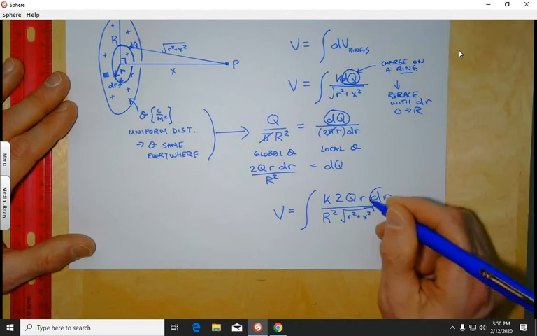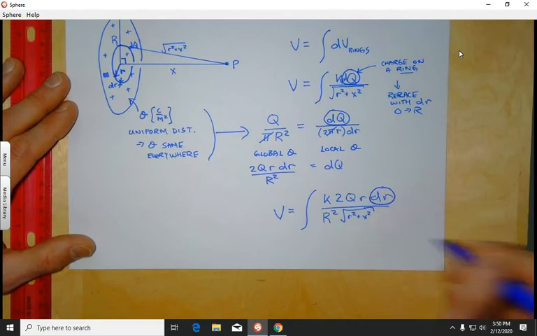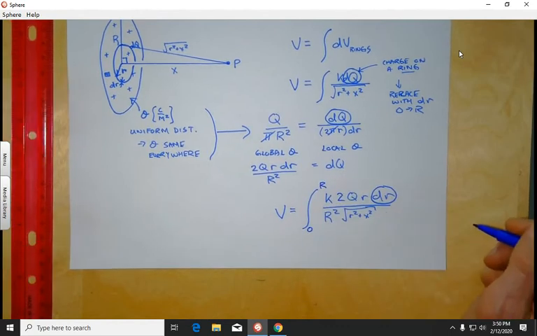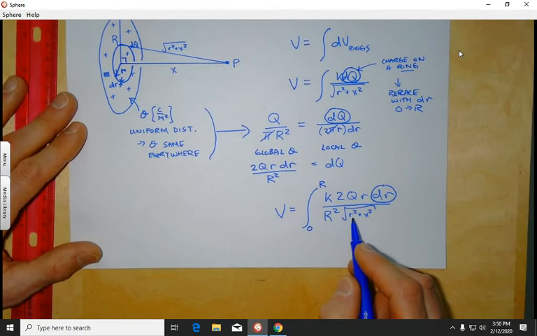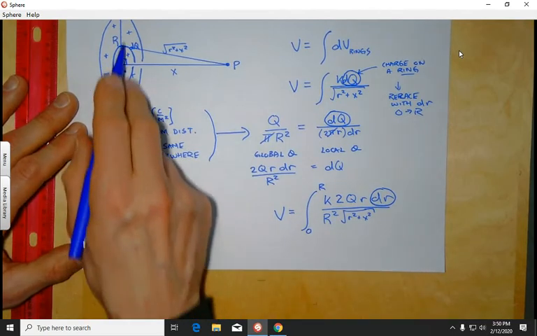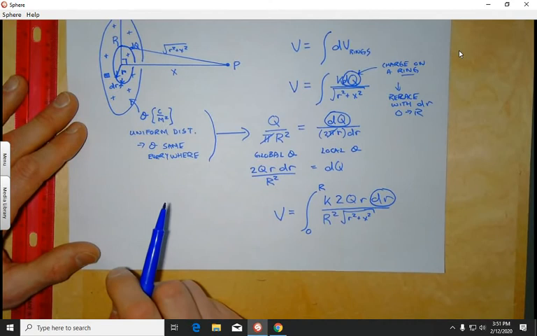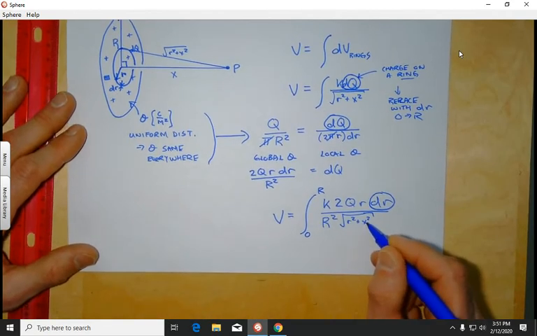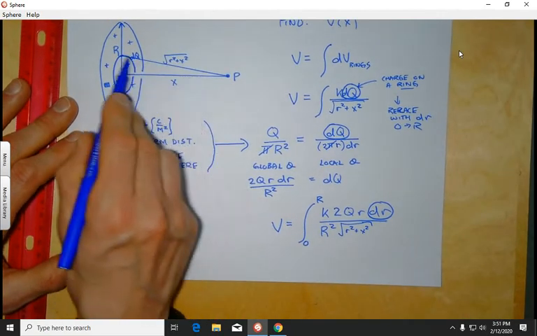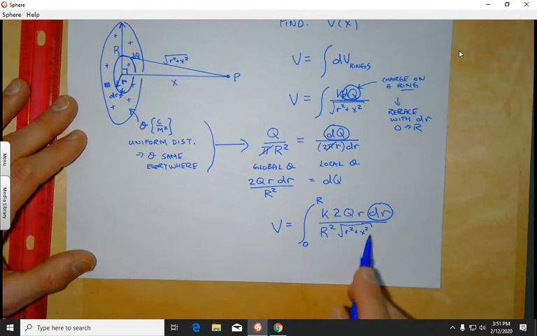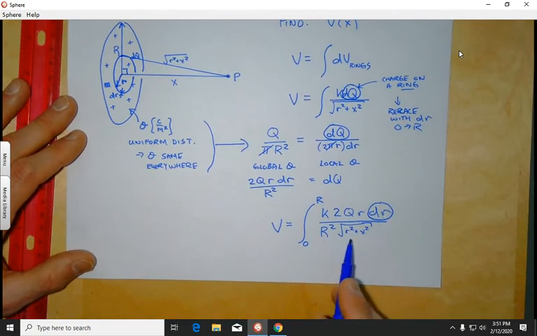Now I've made this into an integral with dr, and so I can say that it's going to run from 0 to R. So r is the variable of integration here, lowercase r. Uppercase R is the radius of the disk. It's just a fixed value. And this little r squared plus x squared, remember, that's this distance here, which is changing. Because that distance is changing with r, we cannot take it out of the integral.